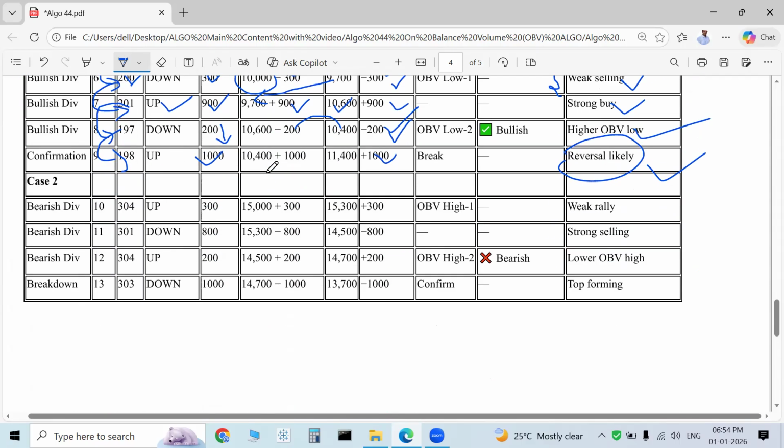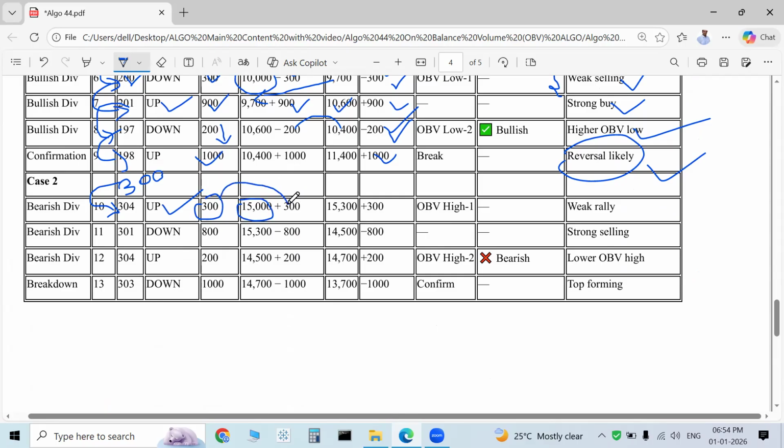Now let me show you the bearish divergence also. Let's consider the price was 300 and the price went up to 304. The price is up, so we are going to add this to the previous OBV. Let's consider the previous OBV is 15,000.